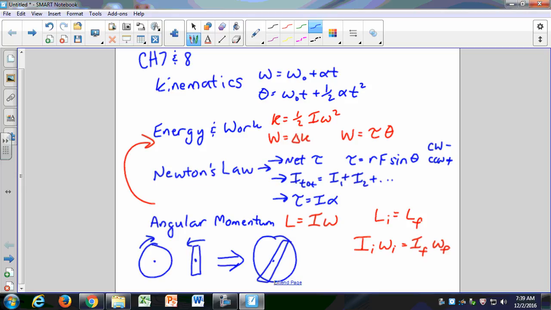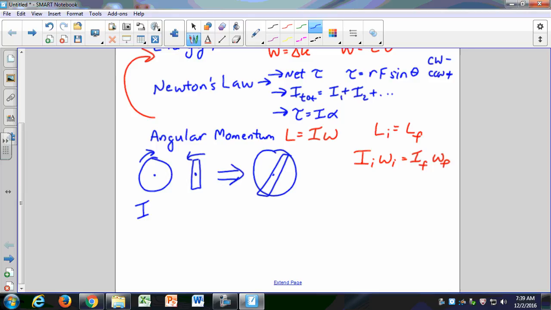So I have an angular momentum here, I1 omega1 plus I2 omega2, and that is equal to I1 plus I2 times omega final. This is just like our perfectly inelastic collisions that we saw in chapter 5, with momentum, where I had two blocks that come and stick together and move off at the same speed. Same thing is going on here.